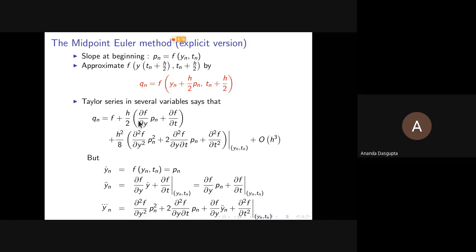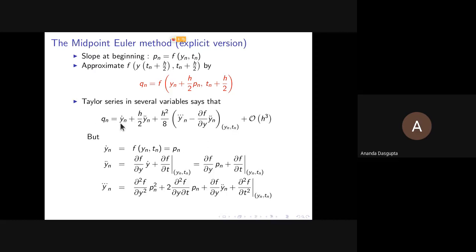Okay, let me just quickly remind you that this becomes Pn. So this becomes yn double dot. F of yn comma Tn is just Pn. This becomes yn double dot. And this is also yn dot, which is actually what is more important for us in the next step. This is yn dot. This is yn double dot. This is not quite yn triple dot. So what you have is this expression.